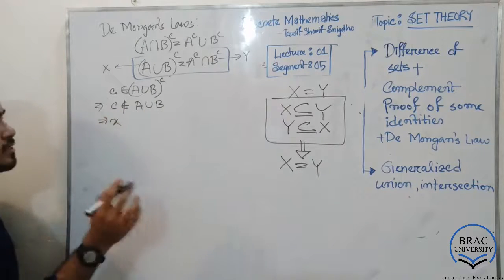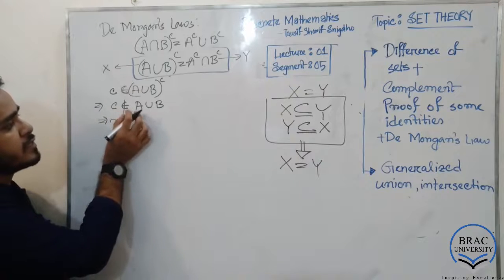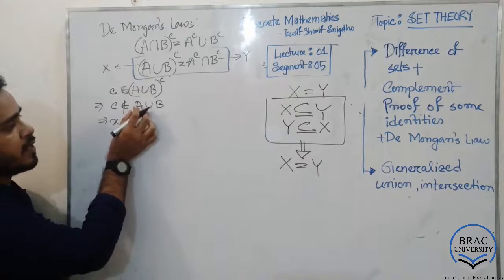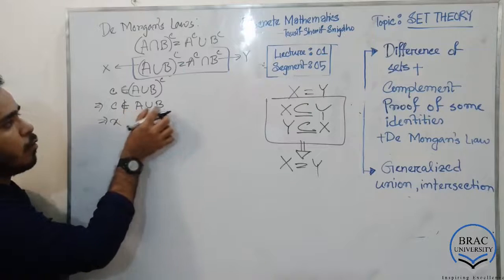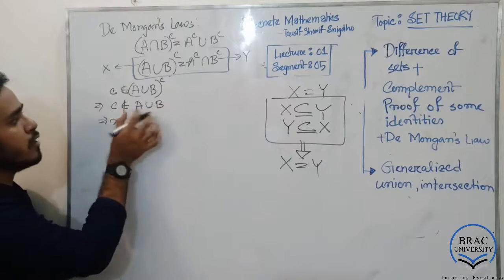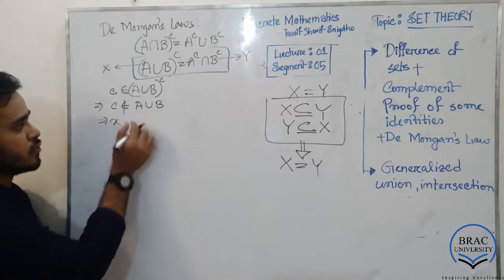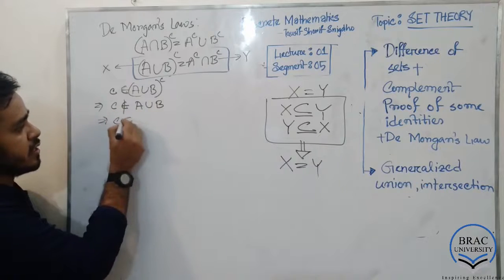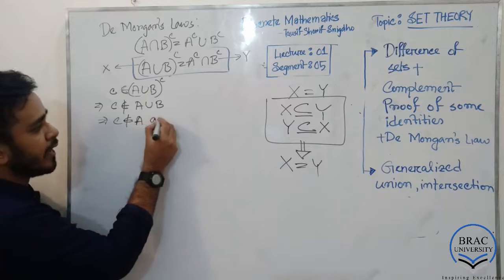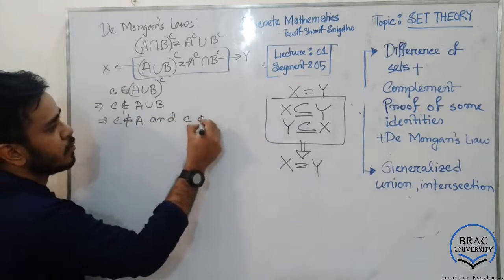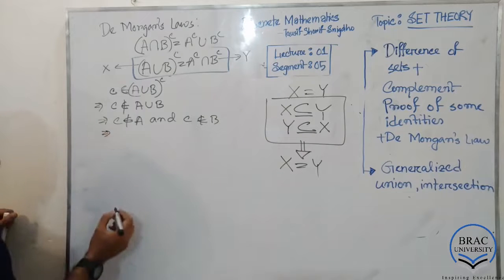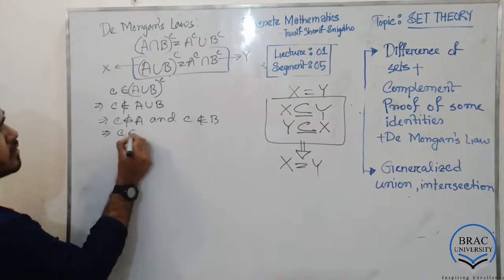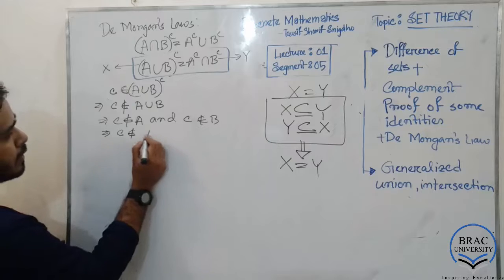Okay? And see here that if c can be an element of A or B, if c belongs to A or B, it would belong to A union B. So c doesn't belong to A and c doesn't belong to B, right?